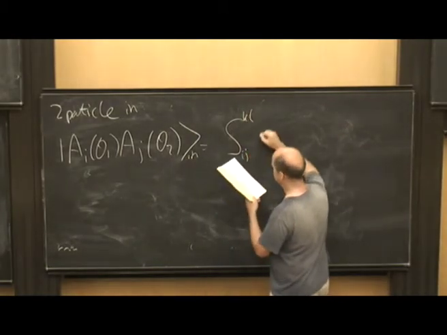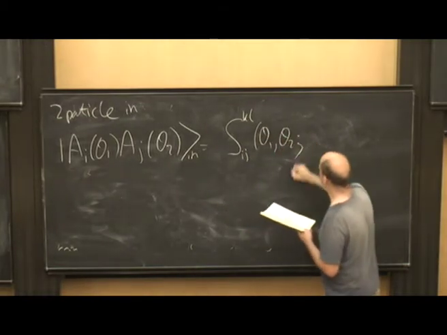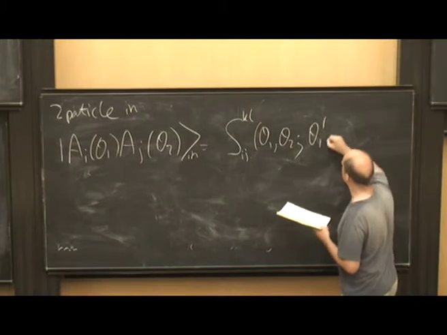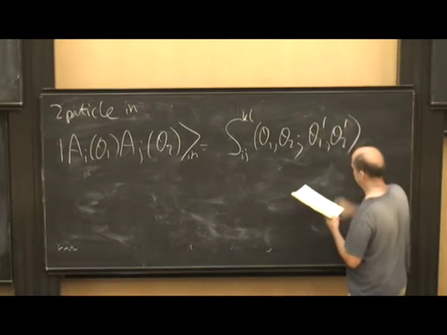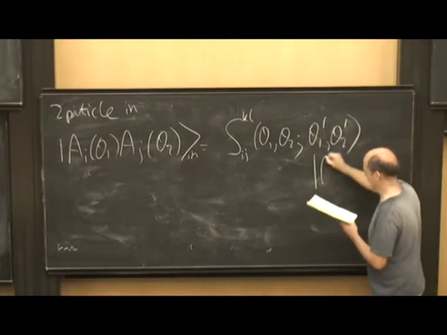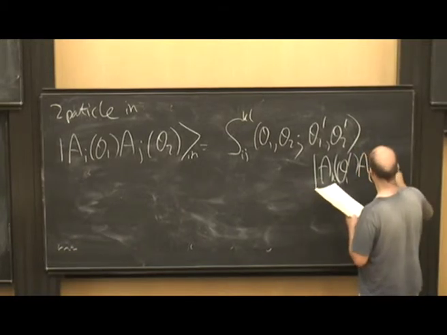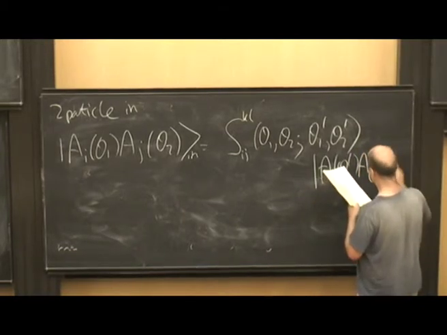So S_ij^kl of theta 1, theta 2, the rapidities of the guys coming in, and then theta 1 prime, theta 2 prime, A_k of theta 1 prime, A_l of theta 2 prime. Okay, out, so it's turned into two particles coming out.